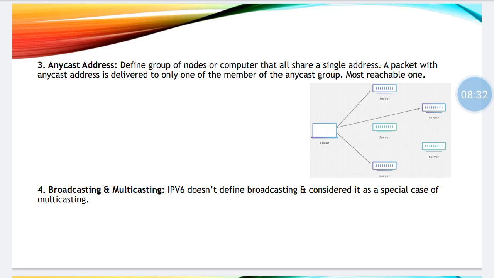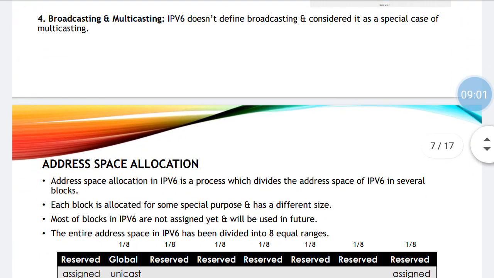In IPv6, multicast addresses serve the same purpose as broadcast did in IPv4. So the point is, there are no broadcast addresses as far as IPv6 is concerned. That purpose is being managed by multicast IPv6 addresses. I hope the point is clear.